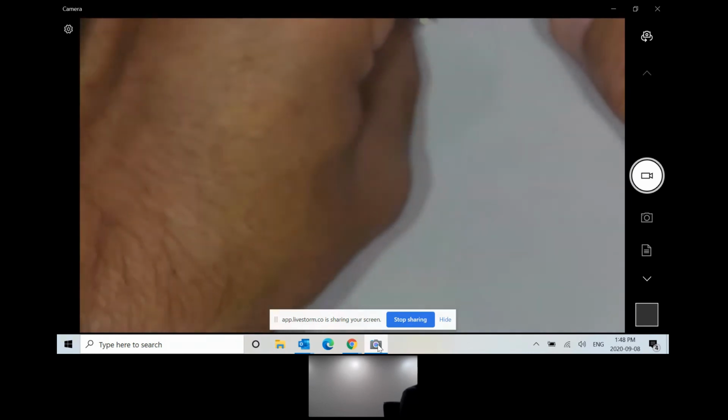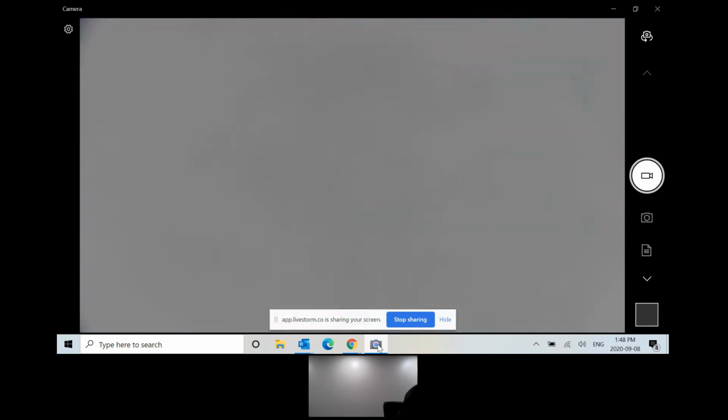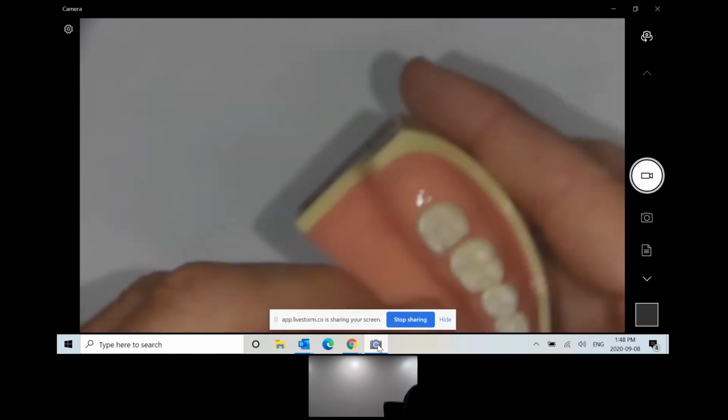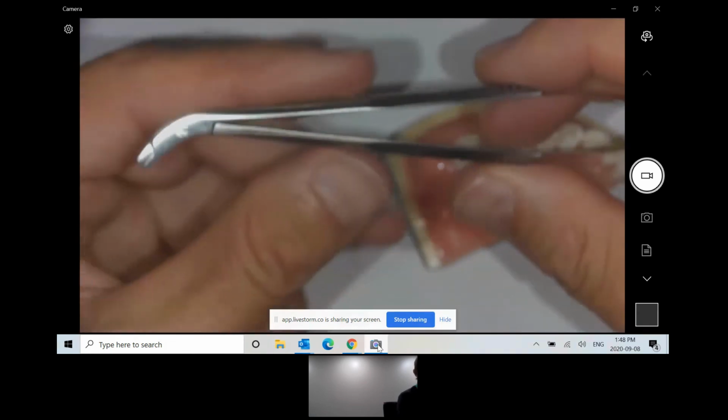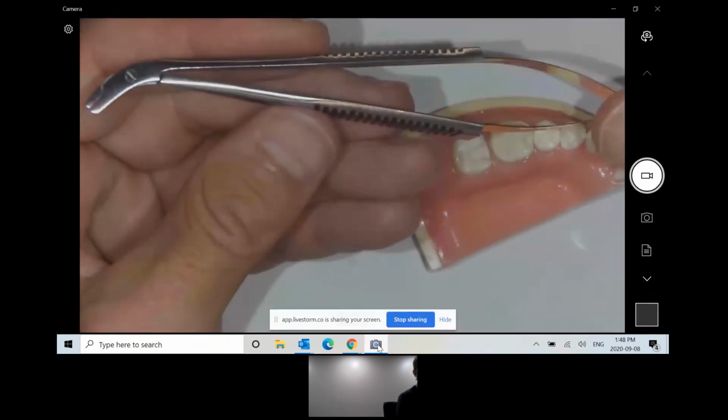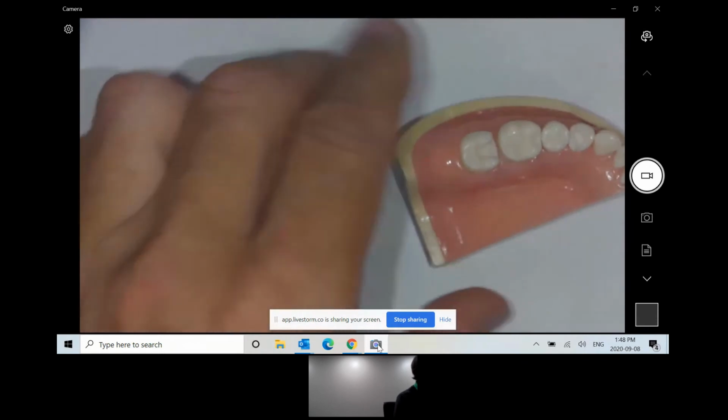So just to go through the placement technique, I'm always going to start with the band first. What I'm going to show you are these new little matrix forceps that we've introduced.